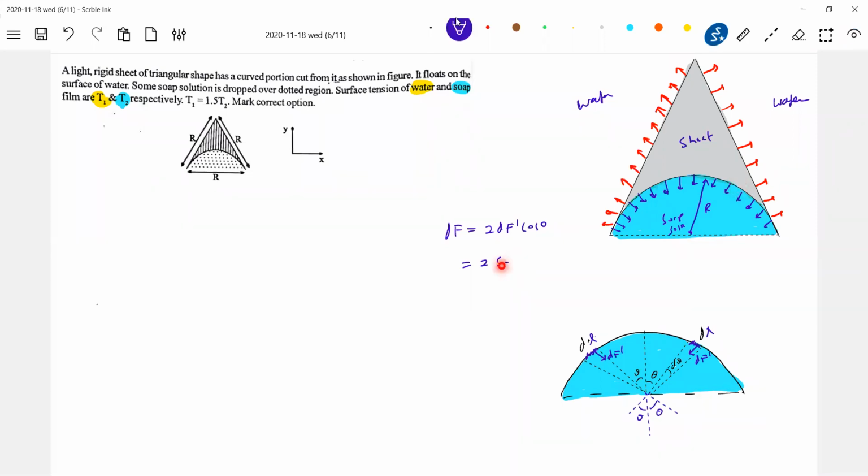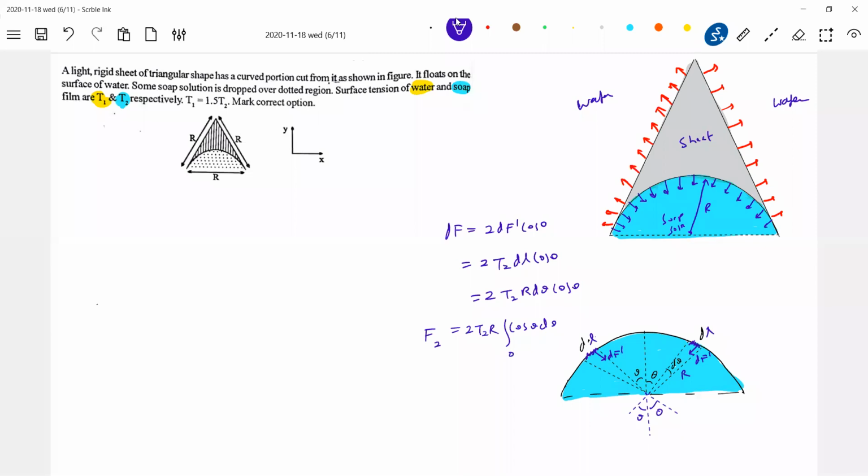So surface tension is how much here? Soap solution is how much? T2. T2 into dl cos theta. So 2 into T2 as it is. dl is what? Angle subtended by it. Radius is r. Arc length is what? R into angle subtended. This is the force due to soap solution.